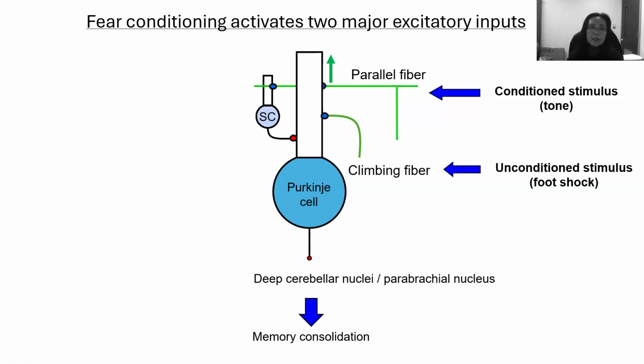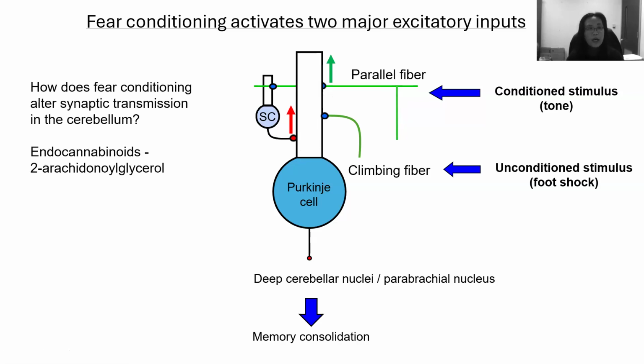So it's consistent with the concept that potentiation at this synapse is important for memory formation. And Selfo and colleagues in 2008 showed that fear conditioning also enhances GABA release onto Purkinje cells.